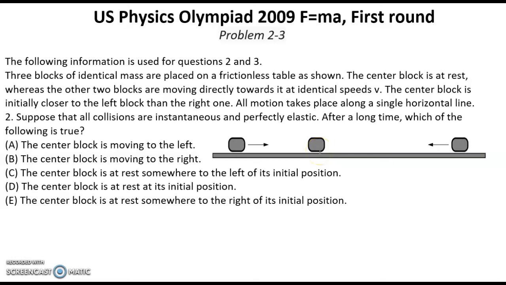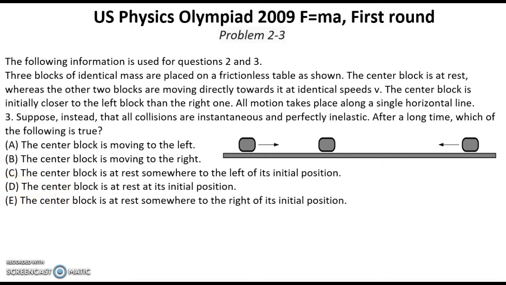But now the center block is moving to the left, and the left block is at rest. So they will exchange velocity, and the left block will go to the left, but the center block will stop exactly in the same place as it was initially. So the correct answer is D.